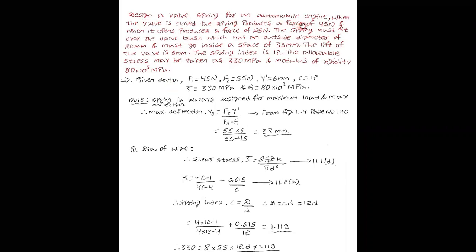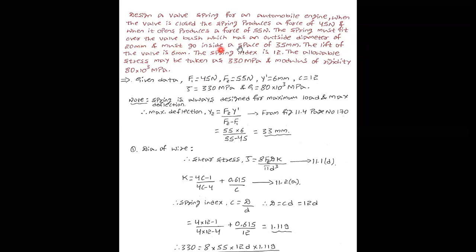Here you can see that for the automobile engine, the forces acting on the spring when it is closed and open are 45 newton and 55 newton. They have given the valve bush, within which it has to fit.